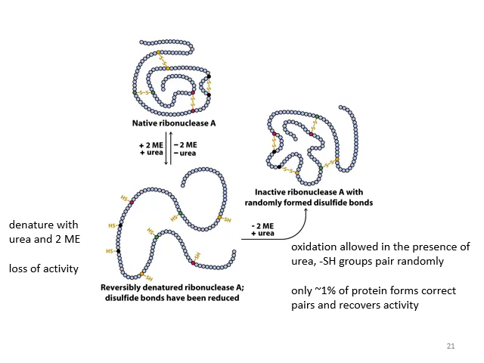Only about 1% of the protein forms correctly to recover activity under these kinds of conditions. Now, there's 8 sulfhydryl groups with 105 possible pairings, and there's only one conformation that's correct.